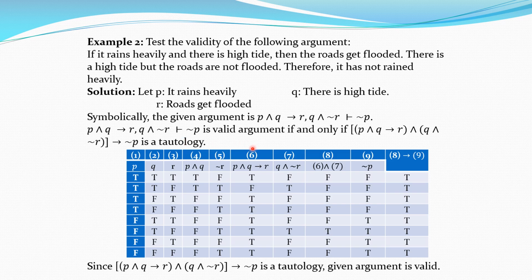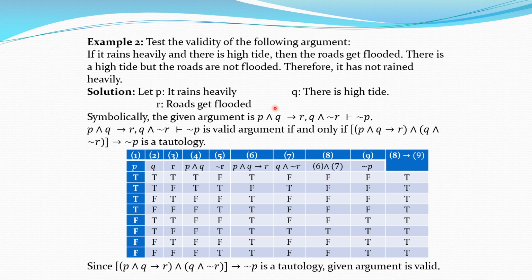If the argument contains 5 variables, then the table contains 2 raised to 5, that is 32 rows. So it is very difficult and time consuming to prepare that table, and there may be some mistakes while preparing it. So even though this method is very easy, it is not applicable practically if there are more than 3 variables. So we are not using this method that much.